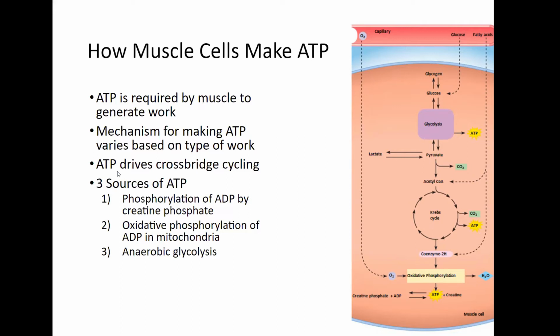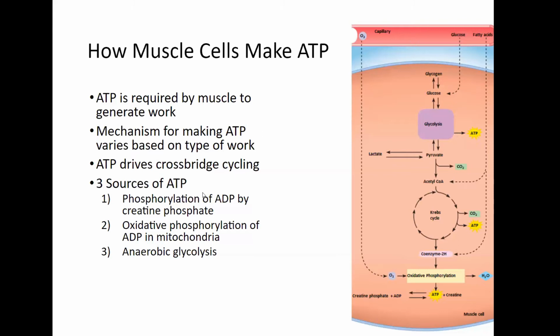So, right, we need that ATP in order to drive the cross-bridge cycle. Remember, there's that end point where we basically need to re-energize the myosin by hydrolyzing ATP. We need to break down that ATP in order to put myosin back into its high energy state so that it can shove our actin towards the center of the sarcomere again. So that's why we need this ATP.